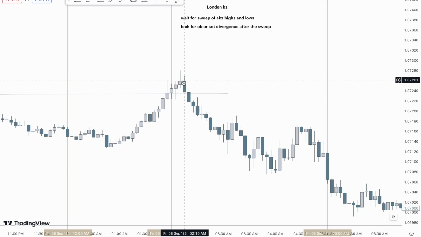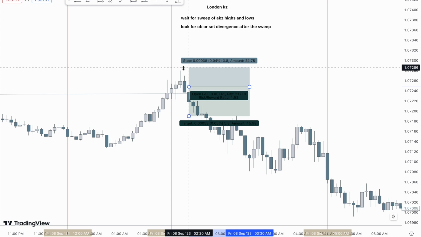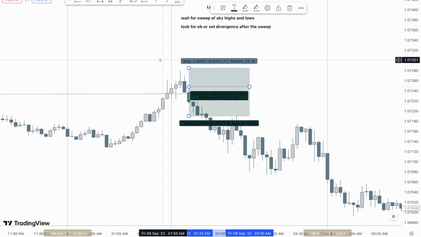So this is a bearish order block, and once you get this bearish order block, we wait for the next candle to either touch the low of this candle or go to the midpoint of this candle. Here you can see it touched the low of this candle, so this is your area to short. This is where you will short, and your stop loss will be above this swing high.